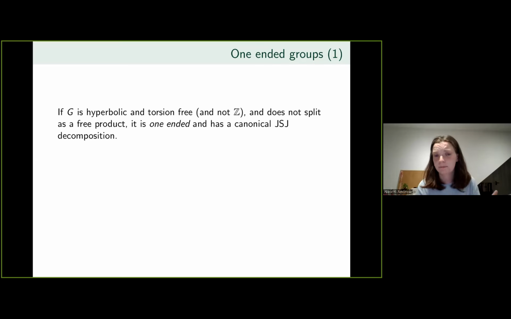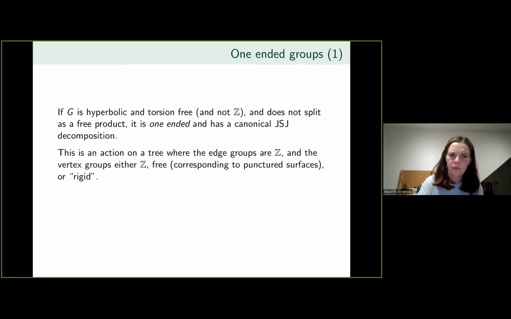It's one-ended. It's a property that groups can have, and all of what came before means that it has a canonical JSJ decomposition. This is an action on a tree which we like. We understand it well. Useful things to know: the edge groups are infinite cyclic.